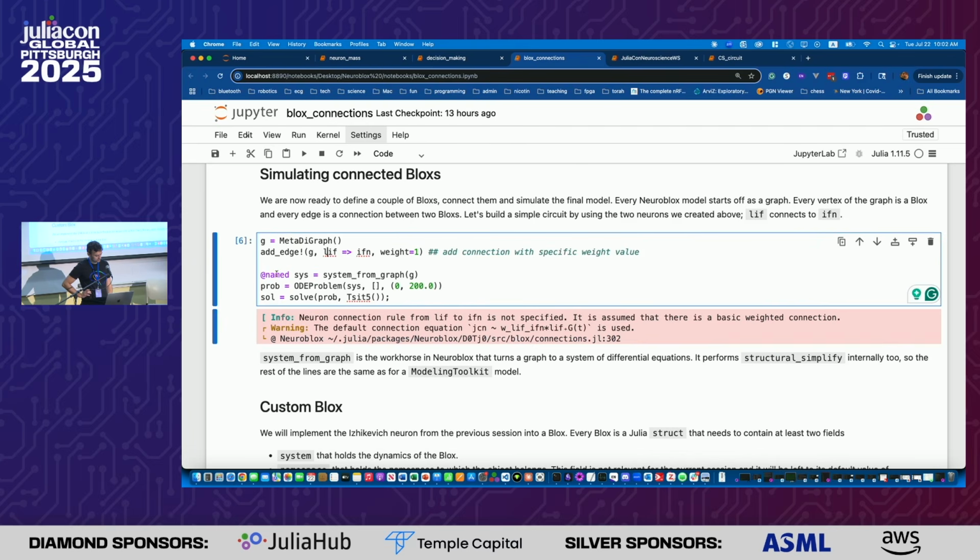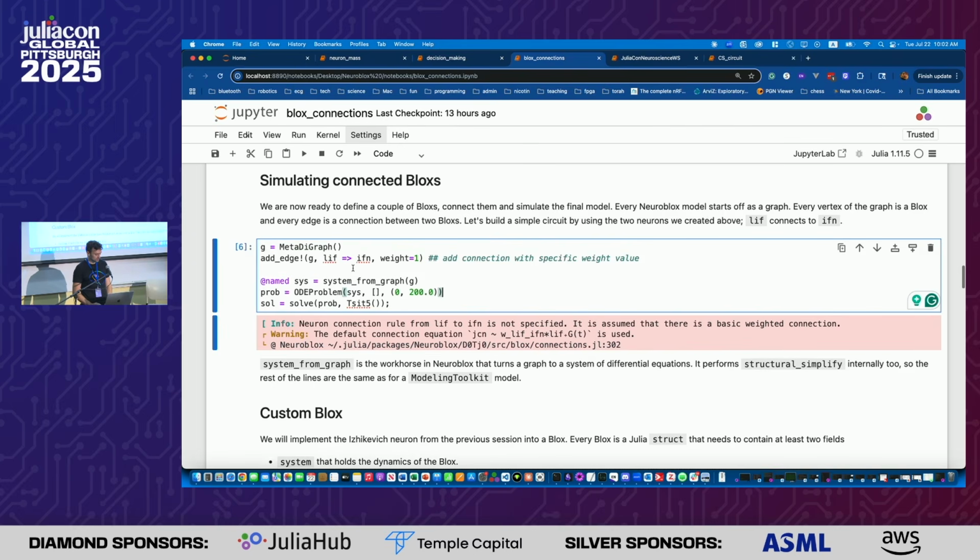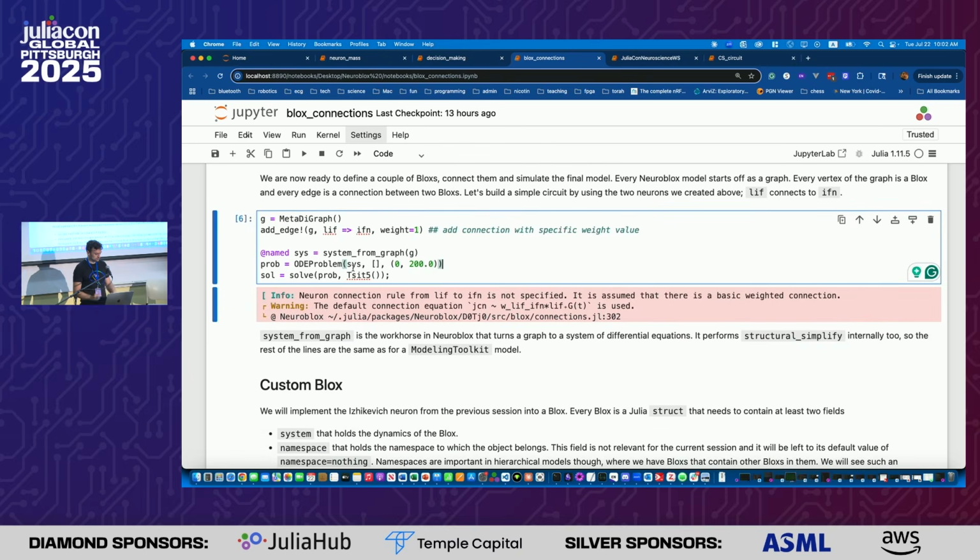Then we generate an ODE system from this, and this ODE system is passed to an ODE problem. This is where we compile all the symbolic equations down into numeric equations and raw Julia code, and then we can run it through a solver.